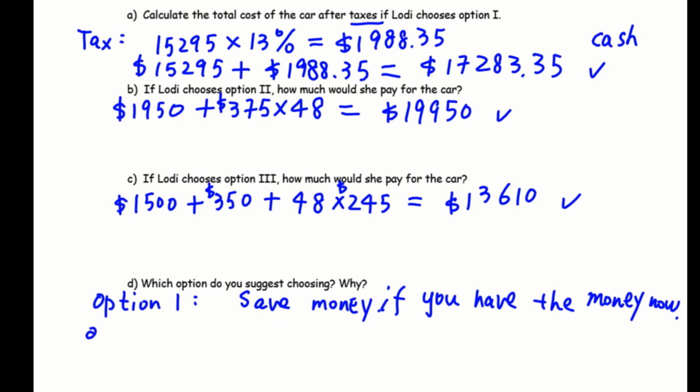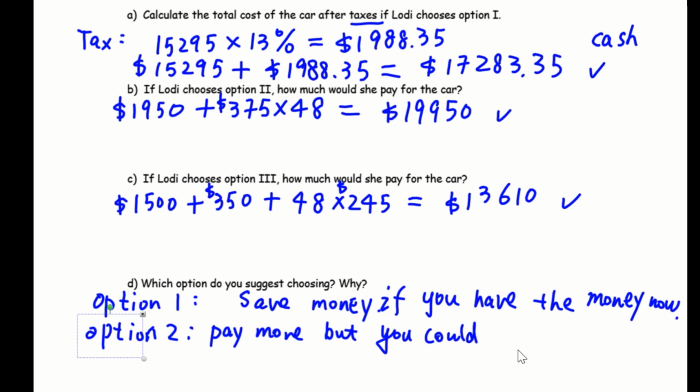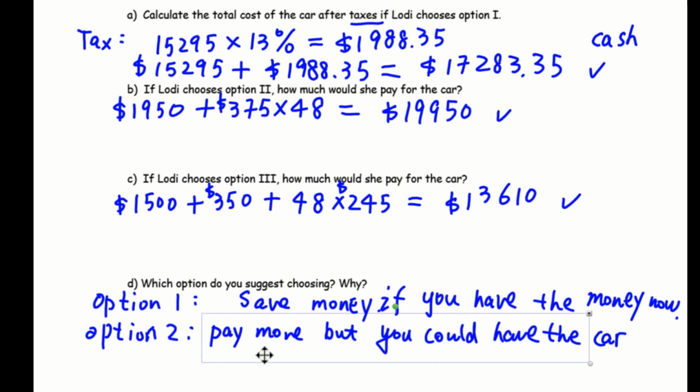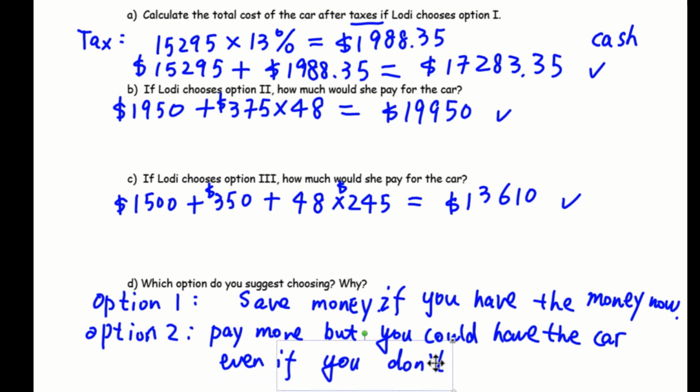And if you suggest option 2, then you may see that although you pay more, you will have the car instead of waiting for 4 years. So this one pays more, but you could have the car even if you don't have enough money now.